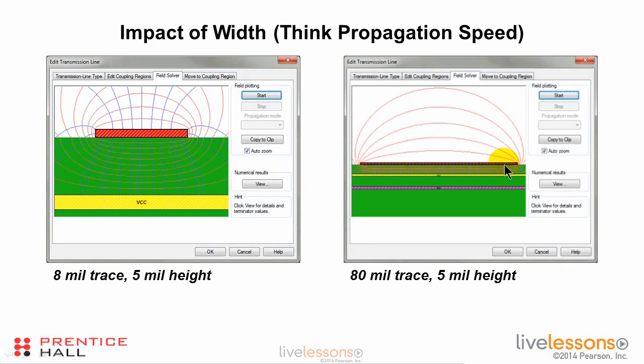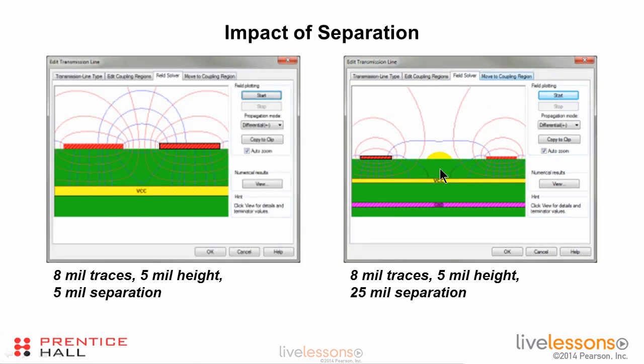Well, here, most of the electromagnetic field is in the dielectric, and very little is in the air. So, in this case, the signal is going to slow down because of where the electromagnetic field is. So just by thinking about where the electromagnetic field is, we can make some inferences about things like the propagation speed.